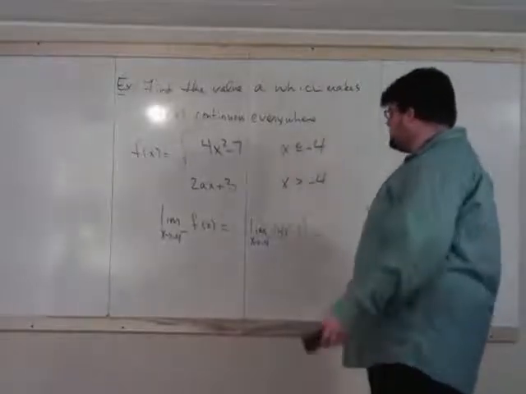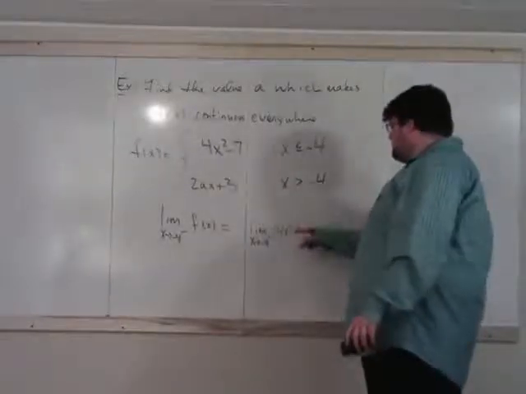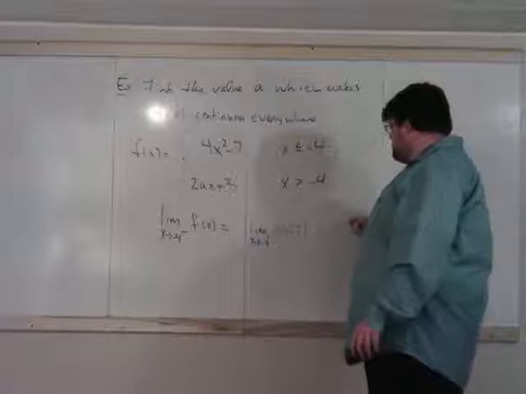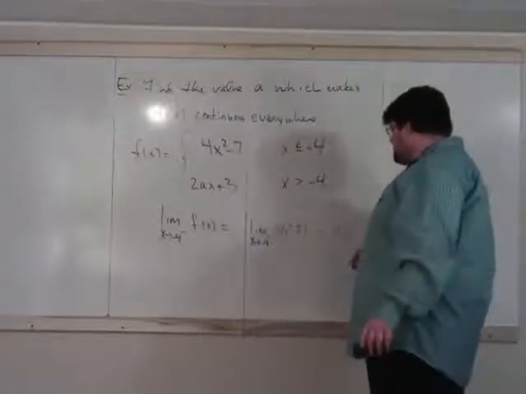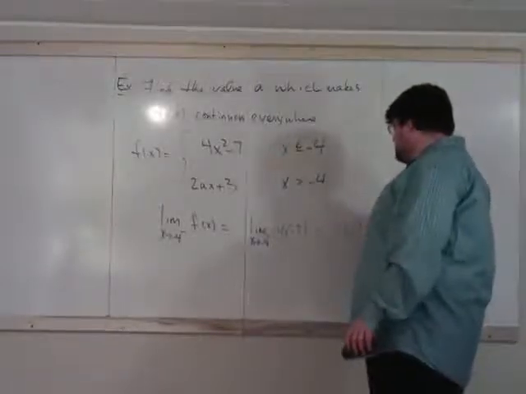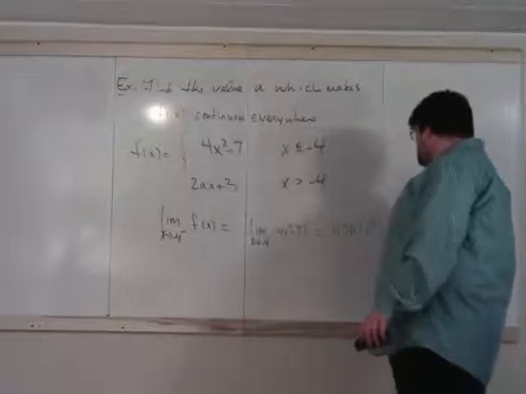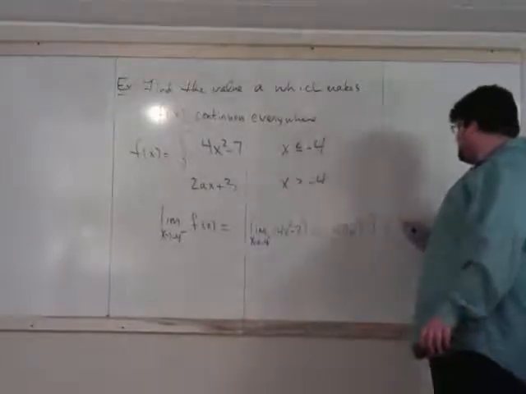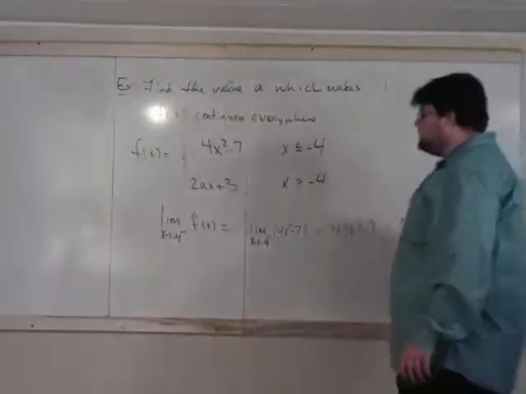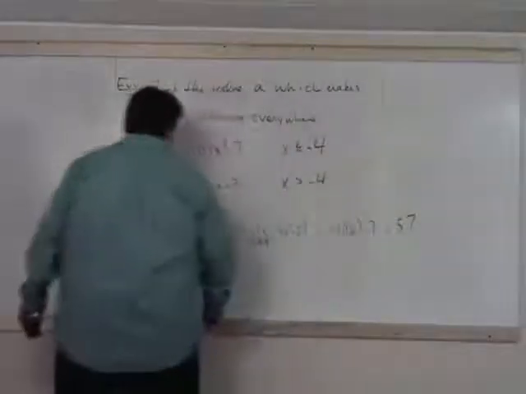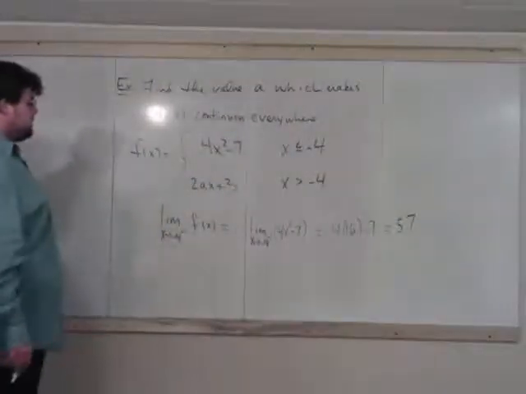Well, we can now just substitute that in. Negative 4 times negative 4 is 16. 4 times 16 is 64. 64 minus 7 is 57. Okay, great. Does that do what we want?